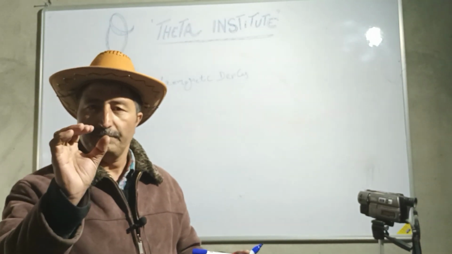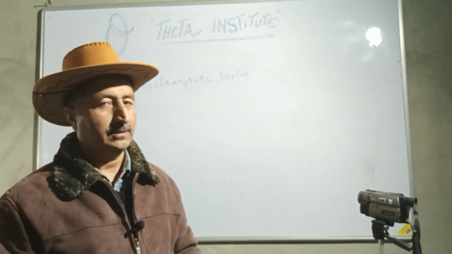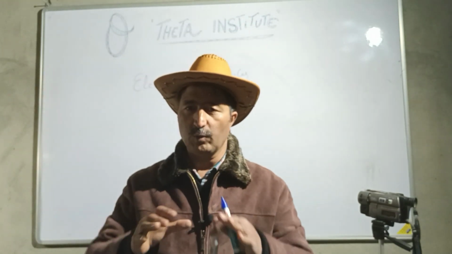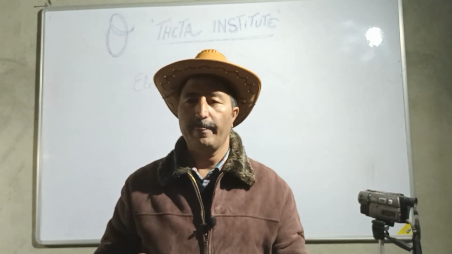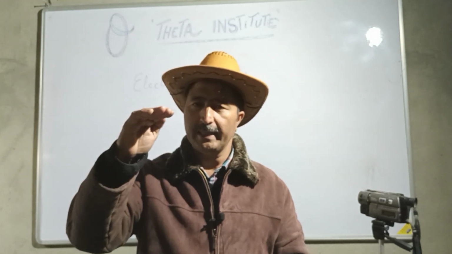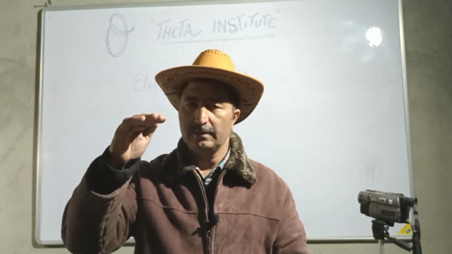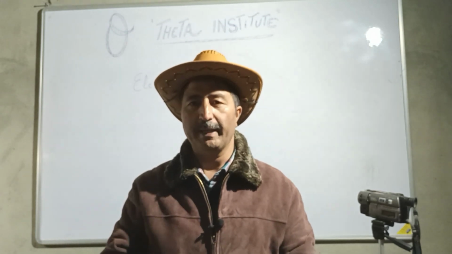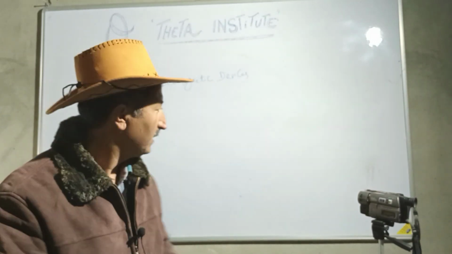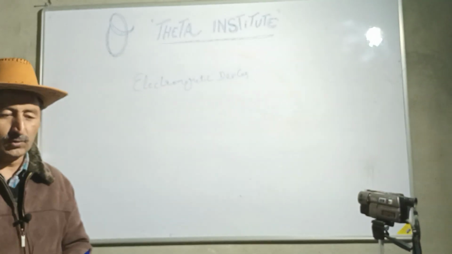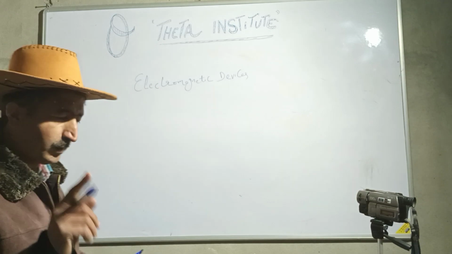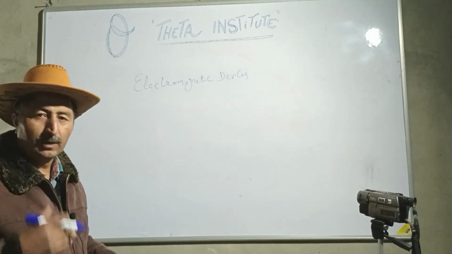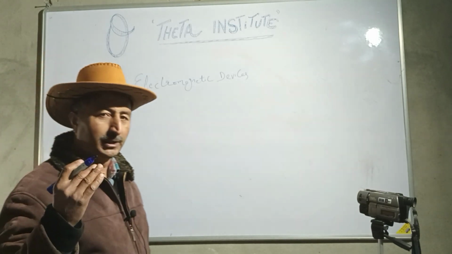A speaker is made up of three or four things: a support, which is an iron support, a magnet, a coil, and a diaphragm. The active ingredients are the magnet and the coil. The diaphragm vibrates according to the motion of the coil.